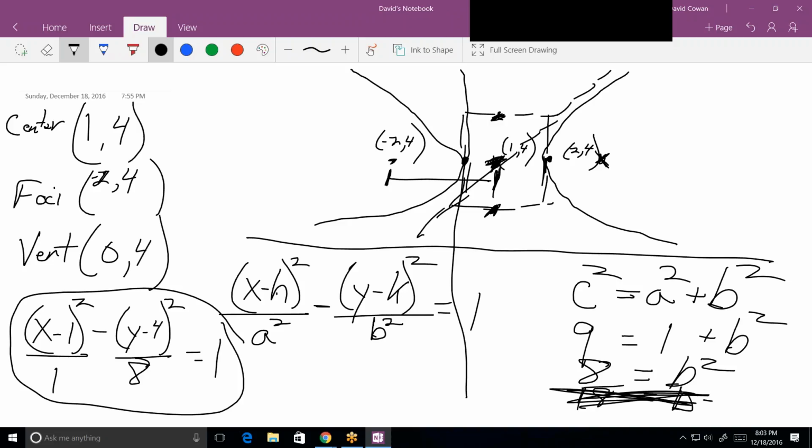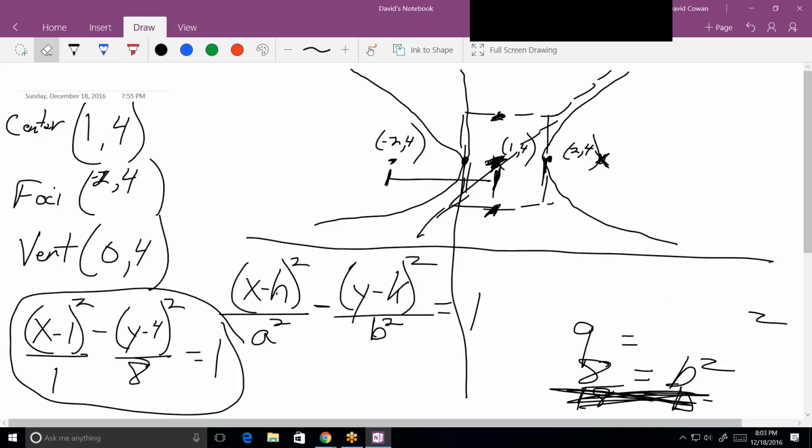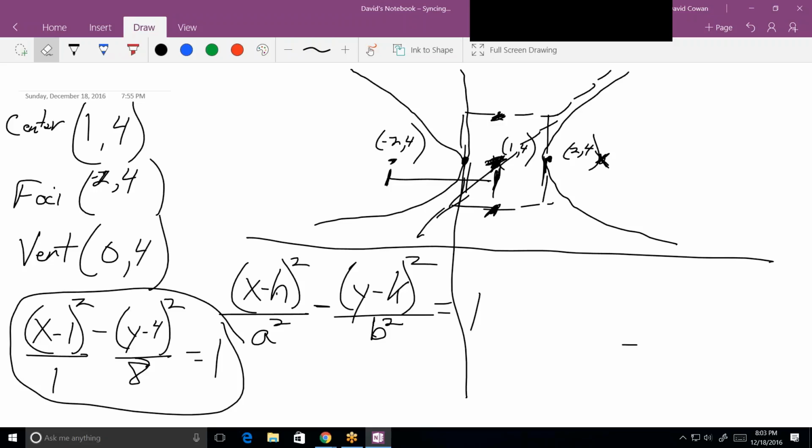Okay, there's a general form for that. If she gives it to you, good. Oh yeah, it was on your sheet that you sent me. But I've remembered it now. It's a straight line, so I know it's going to be y equals plus or minus. If it's this kind of hyperbola, is it b over a or a over b? B over a times x minus h, the center, plus k.